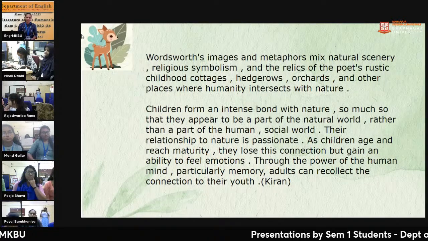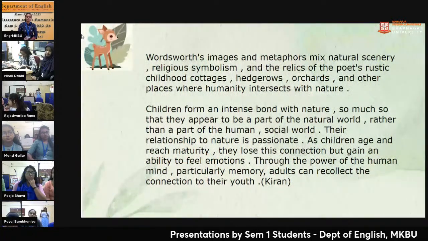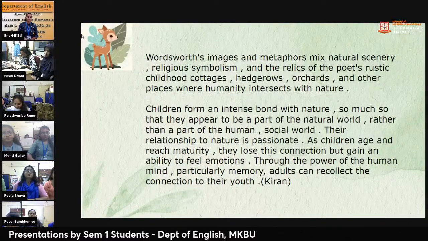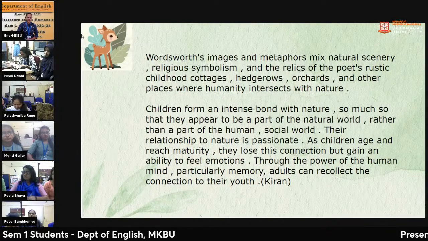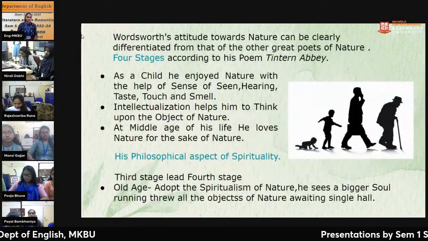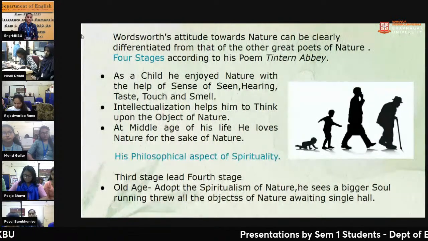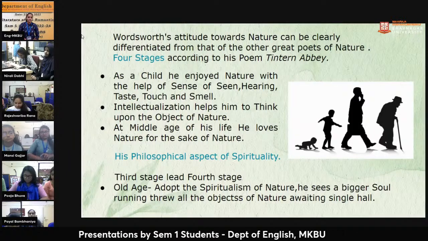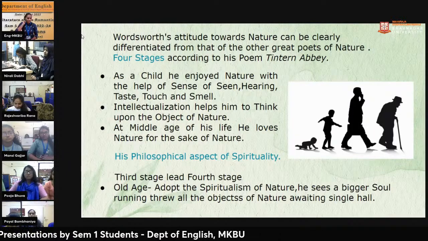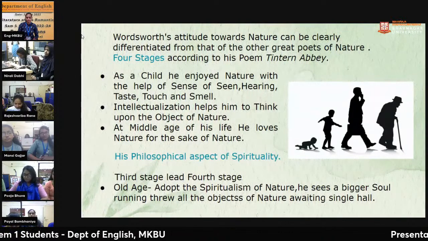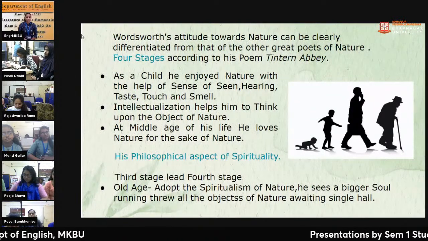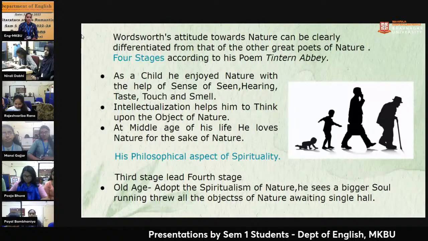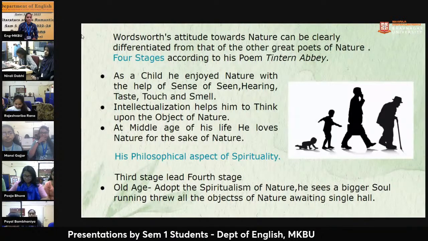As children age and reach maturity, we are not seeing nature as we saw it in childhood. Here are the four stages that we can see in his poem Tintern Abbey. Wordsworth was going with his sister, and at that time he recalled his memories of childhood, and then he wrote a poem upon it.